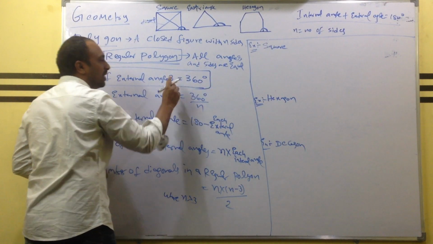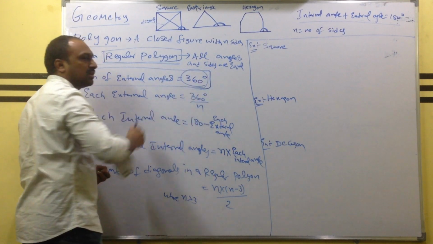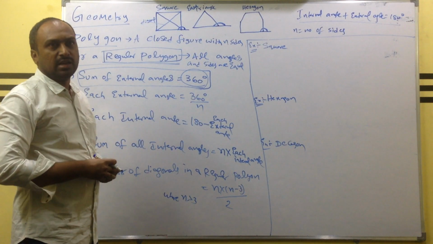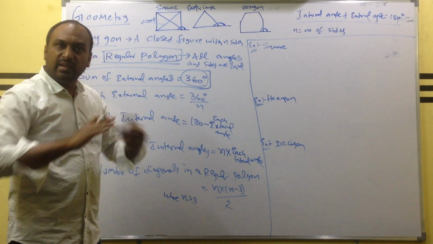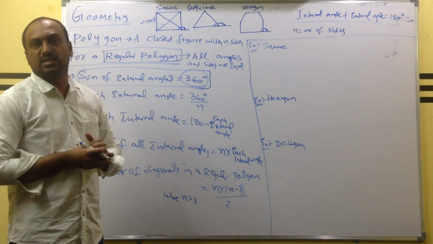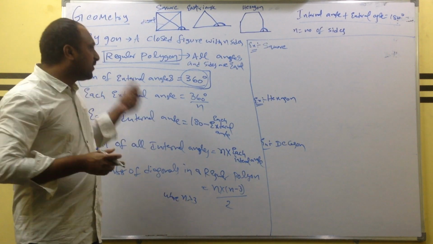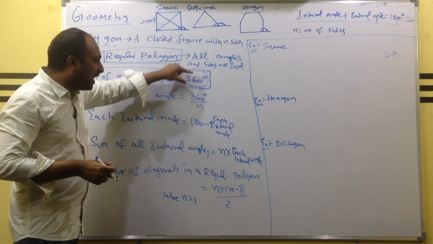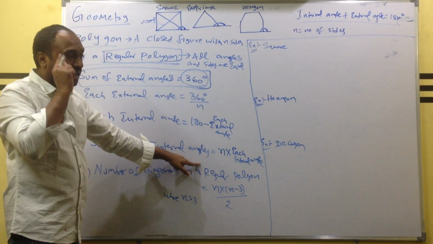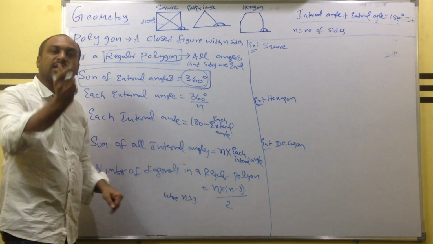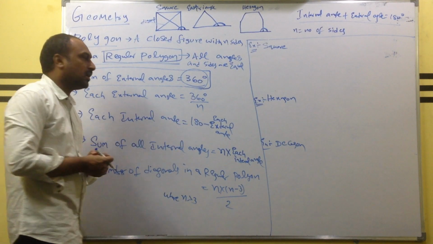For any regular polygon, the sum of external angles is equal to 360. Please note it. That's fixed. So if you know that point, that is enough. You can skip the formulas, and just remember these 3 points and get the answer for those particular questions.